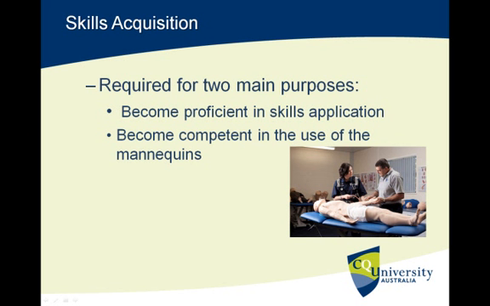The second component of our skills is allowing the students a chance to become competent in the use of our high fidelity simulation mannequins, which unfortunately have some small pitfalls, including areas where you would take a pulse on a human being anatomically out of place within the mannequins.